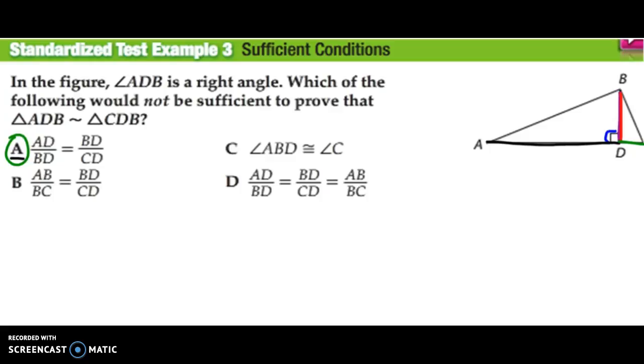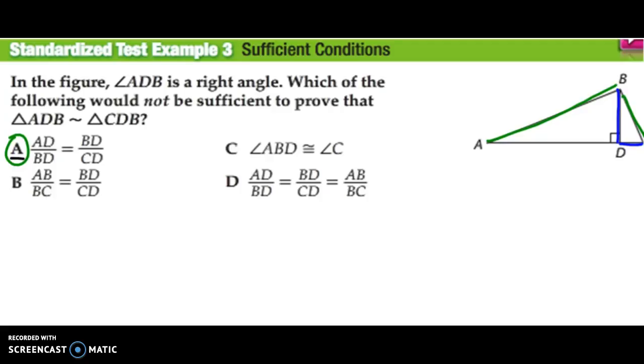Let's look at option B. Okay, I'll get rid of my drawings there. Option B says AB over BC, to see if it's proportional to BD over CD.